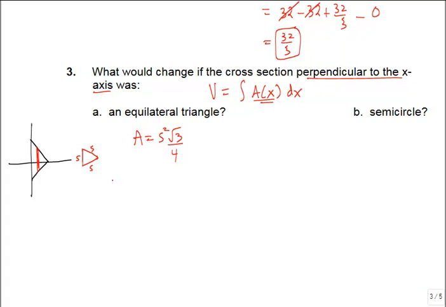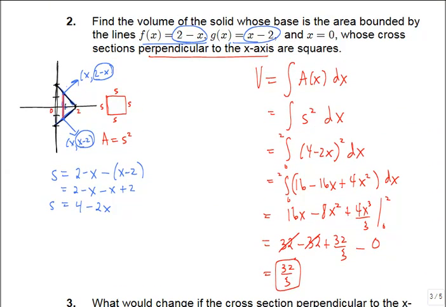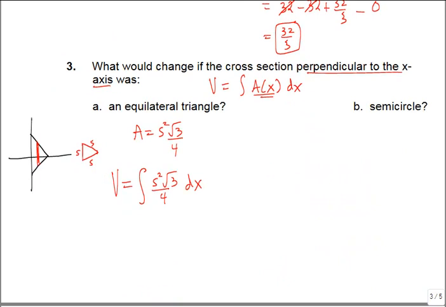So it's easily derived knowing a little bit of geometry. So what happens is this volume integral becomes side squared √3/4 dx. And the same s that I had up here still applies, because this whole distance here was what I was calling s, and that turned out to be 4 minus 2x. And that's exactly this distance here that I'm calling s. So the s is actually the same for both of these two problems. So I'm going to take that √3/4 and pull it out, and I'm going to take that 4 minus 2x and plug it in for this s and square it.